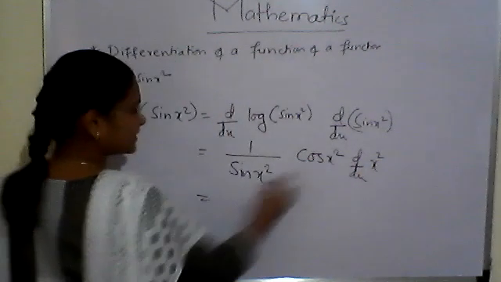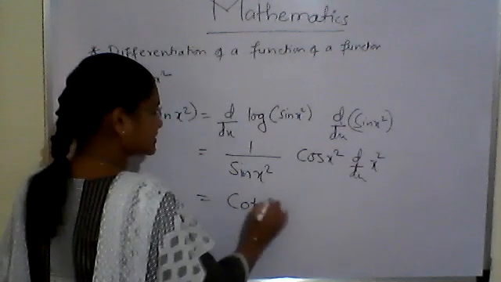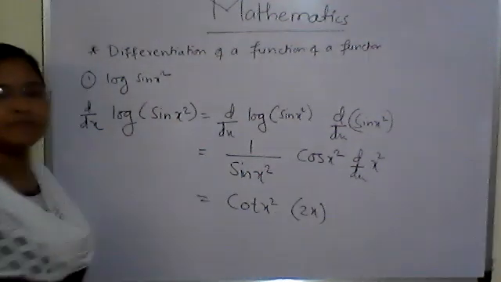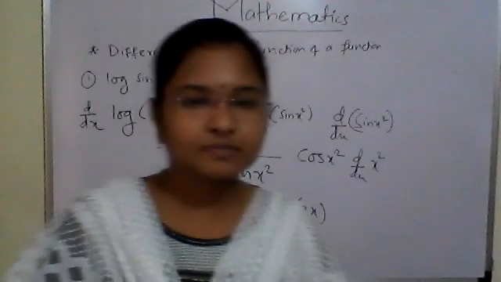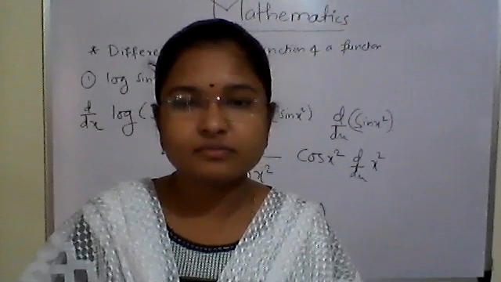Now this cos upon sine will be cot. So it is cot of x square into the derivative of x square, which is 2x. Getting? Any doubt in this, boys? No, ma'am.